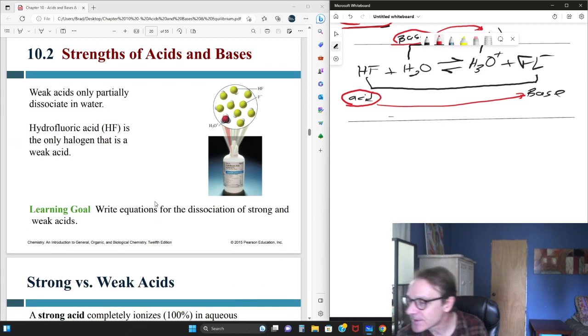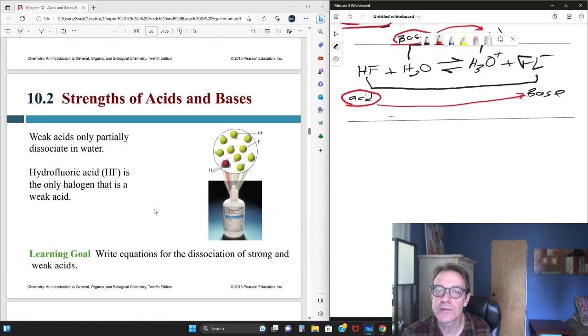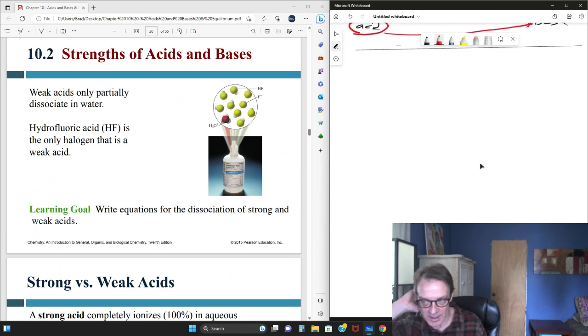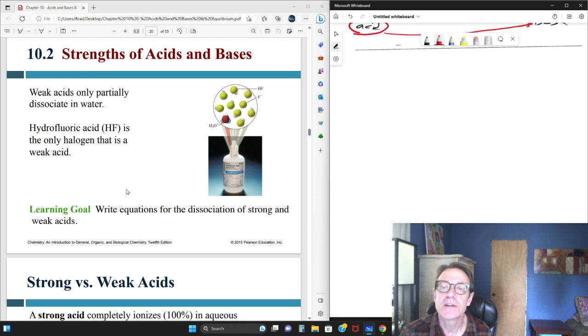And then the last thing I'm going to look at here is the relative strengths of acids and bases. We saw this with weak acids when we were looking at solutions. A specific form of this is when we're looking at acids.